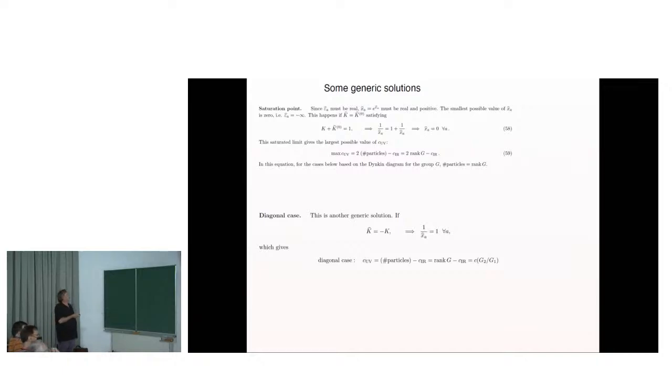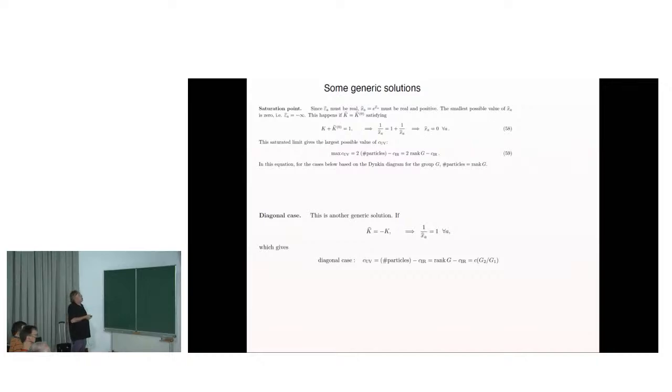And you can see it's quite easy, I mean, without even specifying the S matrices and these matrices K. If K hat, well, let's call it K hat 0, the 0 refers to this being the saturation point, if K plus K hat 0 is 1, then you can see that all these X hats are 0.